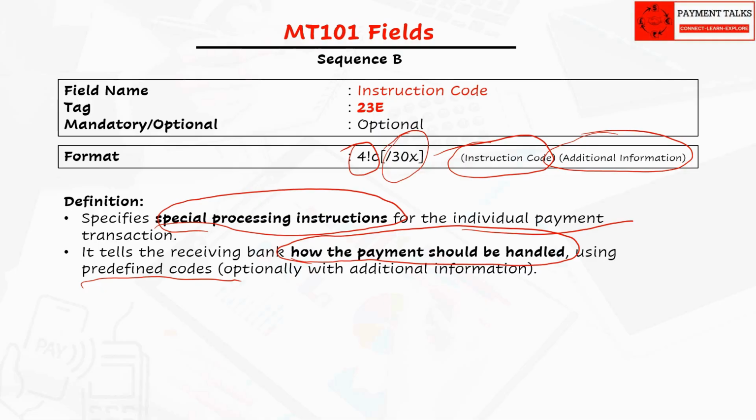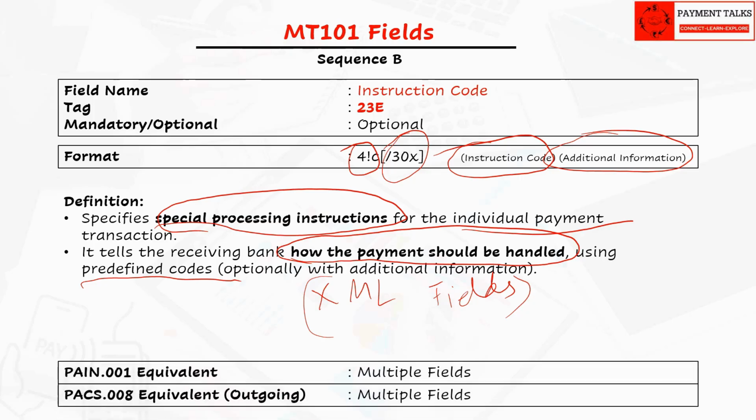In ISO, these multiple codes are either handled by having separate XML fields or by having a code value pair where the codes are handled separately by external code lists. ISO even has a facility to carry proprietary codes agreed between the entities bilaterally.